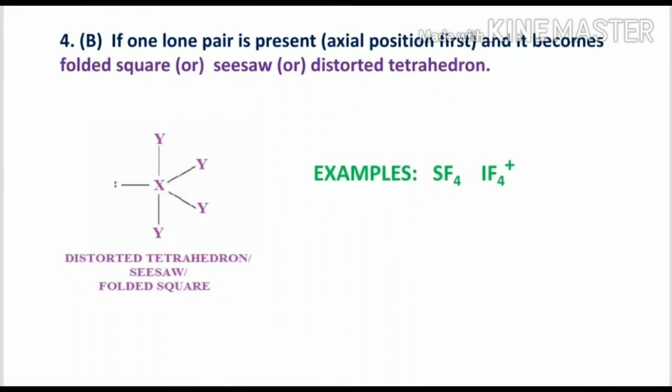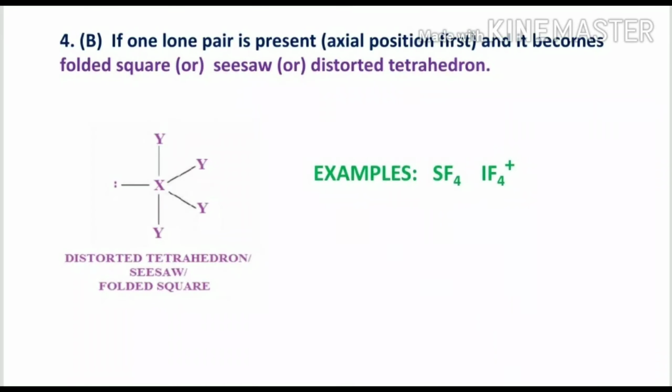Next is 4b. If one lone pair is present in the axial position, then in the axial position, instead of bonding, one lone pair of electrons is present. Now the structure is shifted compared with the previous one.